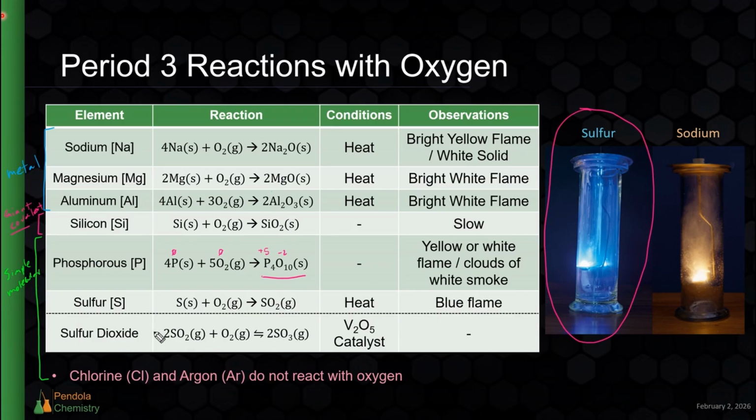But sulfur dioxide can further react with oxygen to create sulfur trioxide in an equilibrium reaction. And again, we spoke about that equilibrium reaction earlier in the equilibrium chapter.